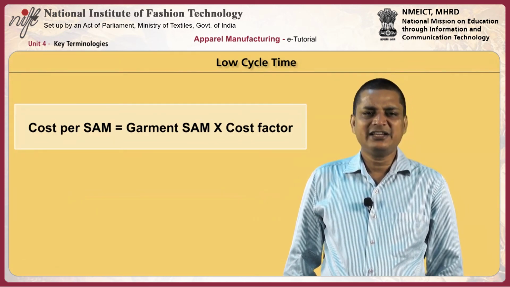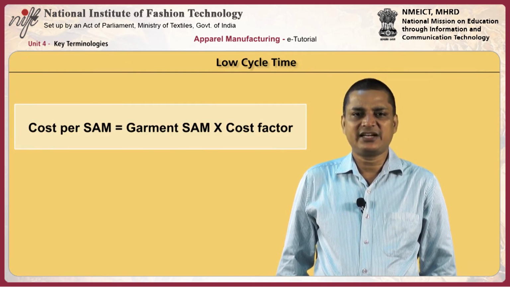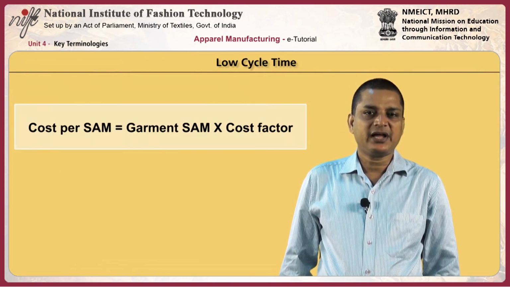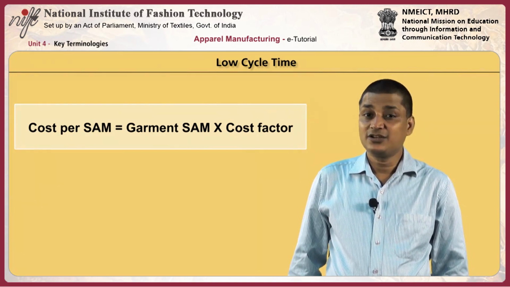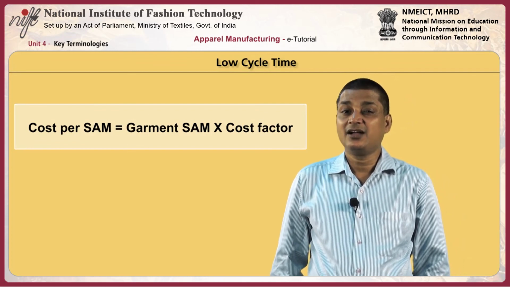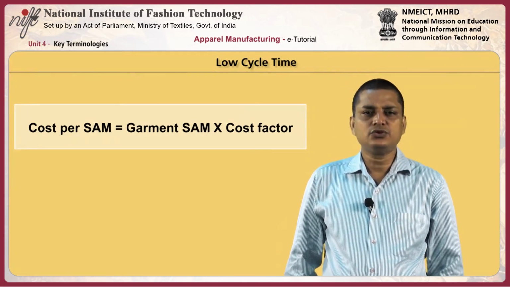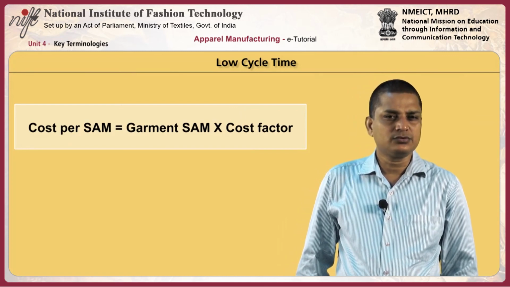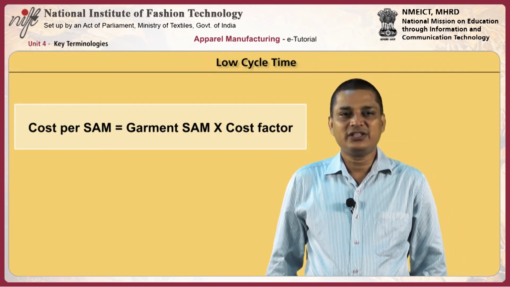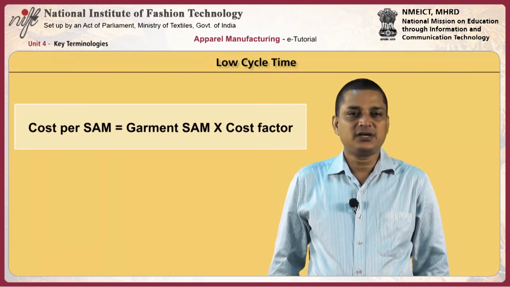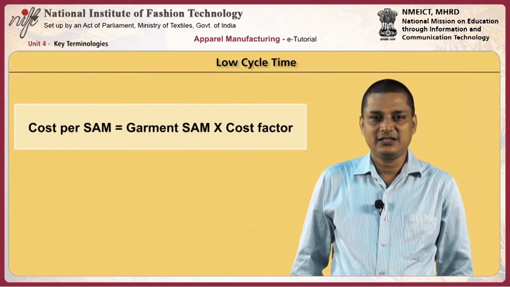Or simply, instead of cost factor, you can multiply garment standard allowed minutes by average labor salary per minute, which represents cost factor calculated at 100% efficiency. Whatever method you use must be clear to everyone who sees the report within the factory. Cost per standard allowed minute is fixed for a style.